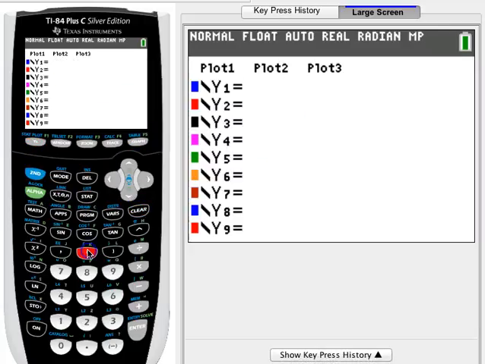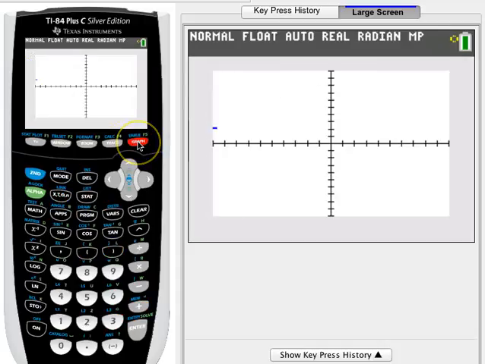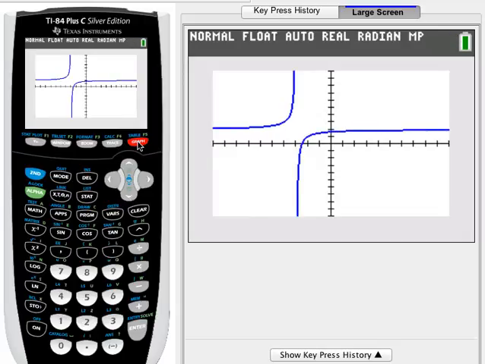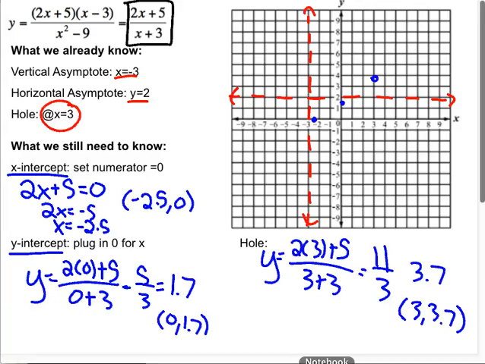So we have 2x plus 5 divided by x plus 3. All right, so that is where our branches should be. All right, so let's see if that matches what we found.